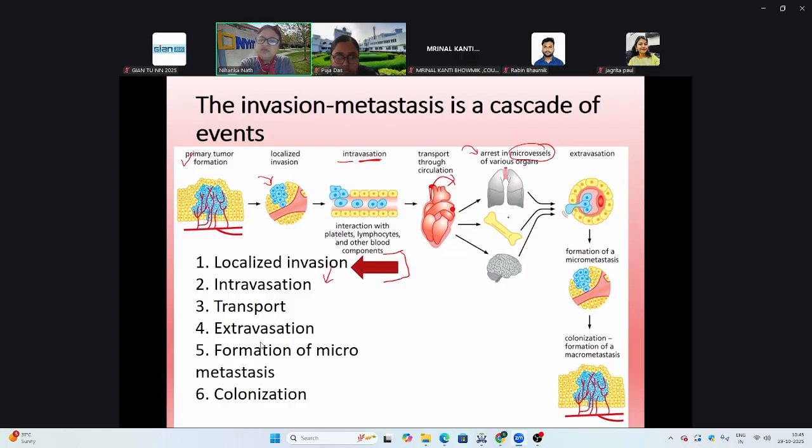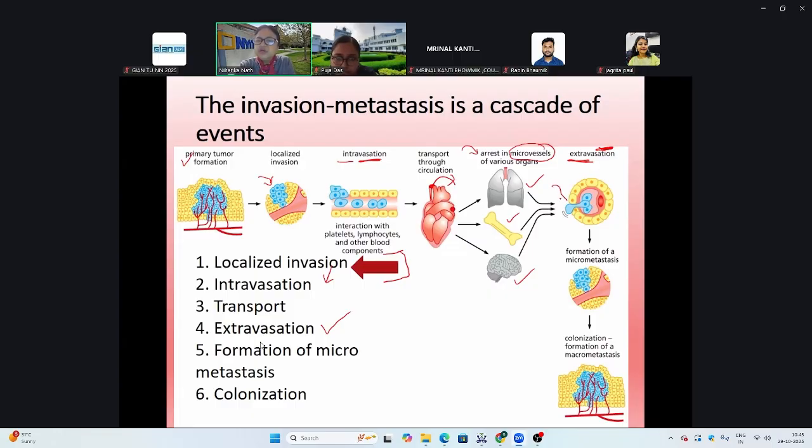So let's say that it went near the bone through the blood vessel, or near the tissue that is near the brain, or near the lungs. Then the next process would be extravasation. Extravasation means coming outside, and vasation refers to the vessel, so coming outside of the vessel.